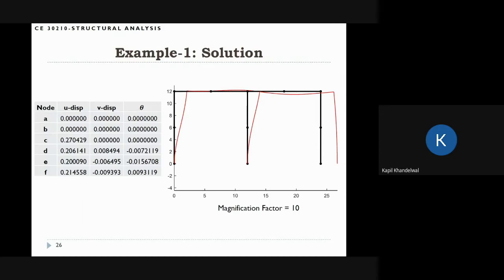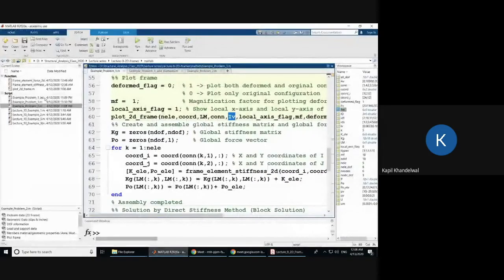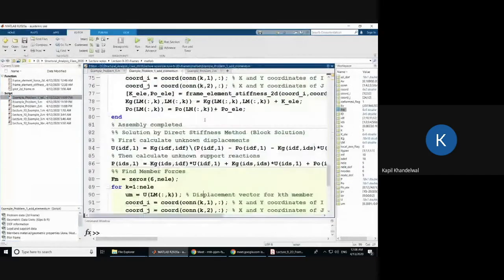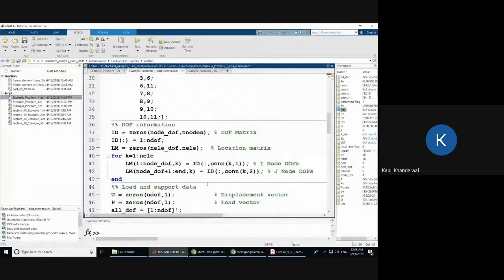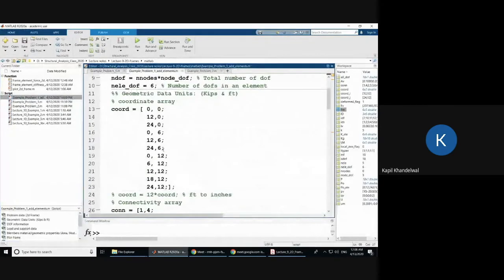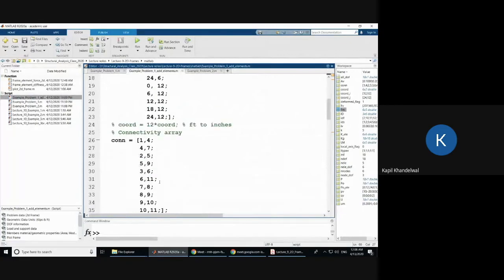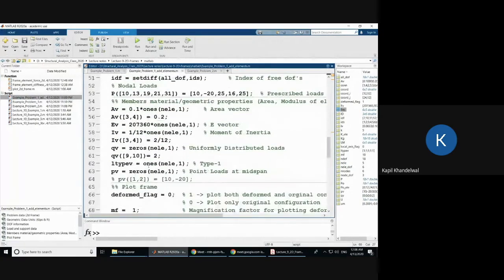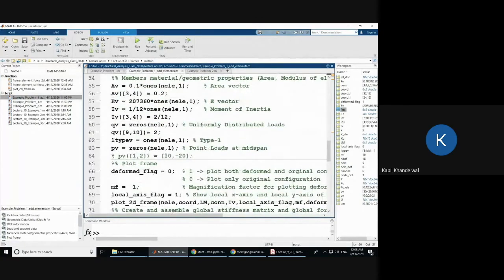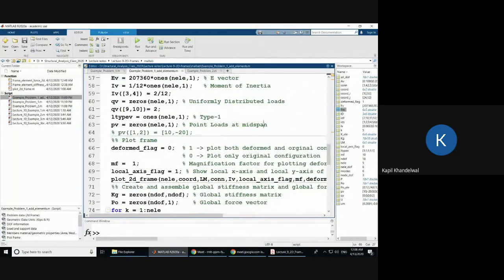I'm also going to provide you this file here. This is the second case, where I have added more coordinates and more elements, and I solved the problem. You can see that in this case, the point loads at midspan are actually all 0.